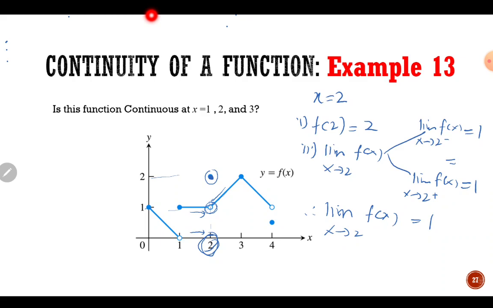We have a value for condition number 1, which is f(2) equals 2. And we also have a value defined for condition number 2, where the limit exists: the limit of f(x) as x approaches 2 is equal to 1. Now let us compare in step number 3. Does the limit of f(x) as x approaches 2, which is equal to 1 here, equal f(2)?